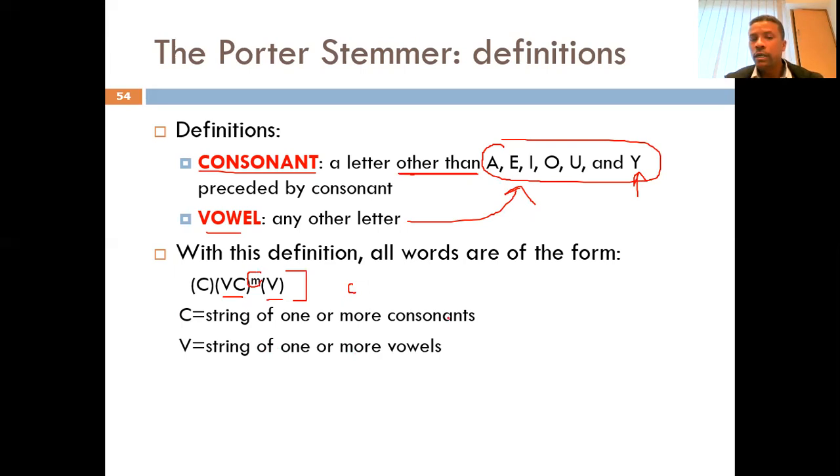So what we call a word is a consonant followed by vowel-consonant M number of times, where M is the number of times a vowel-consonant appears, then another vowel. This is how he defined it. Mind you, it's not a linguistic definition. It is a definition made by Porter for the purpose of doing stemming.